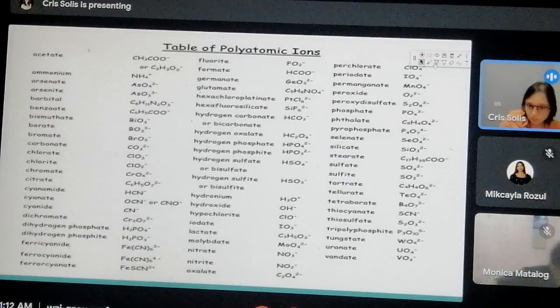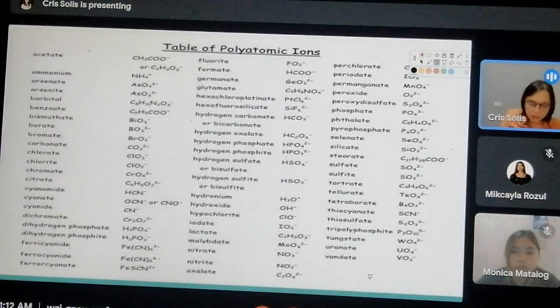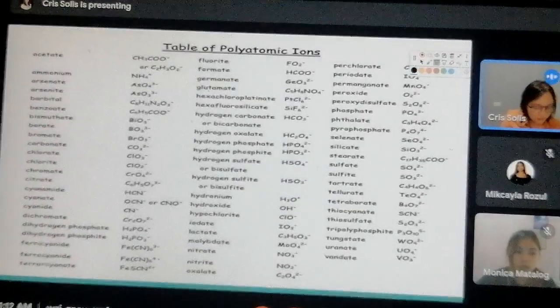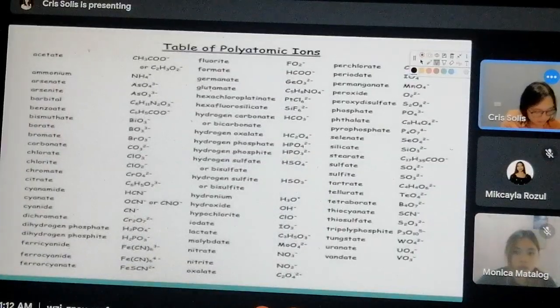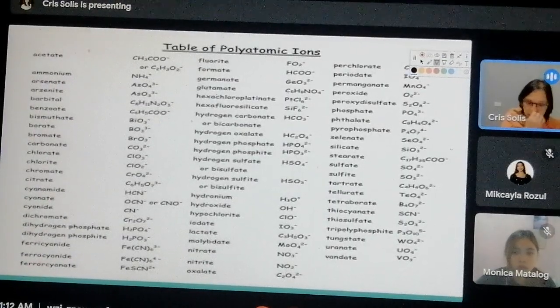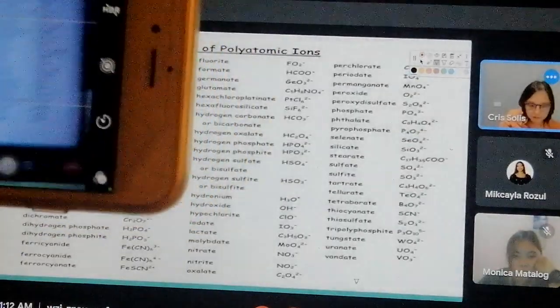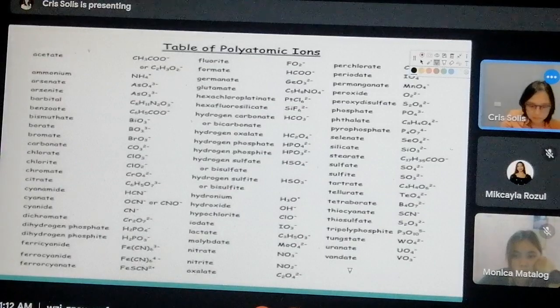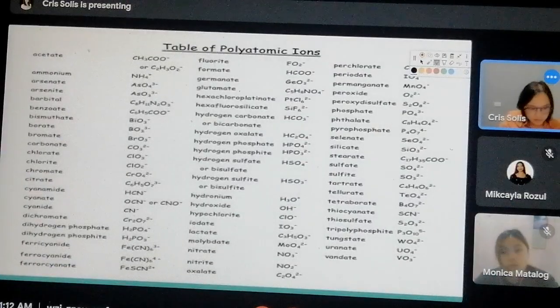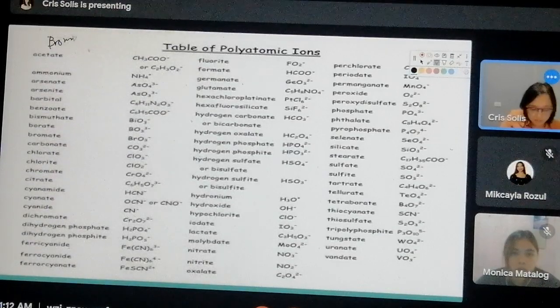So, paano natin siya gagamitin? How are we supposed to use them when we're combining them with other elements or other compounds? Sige. What if, for example, I'm going to add bromine?